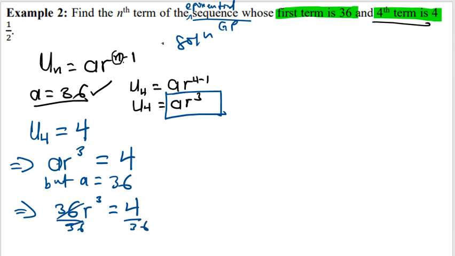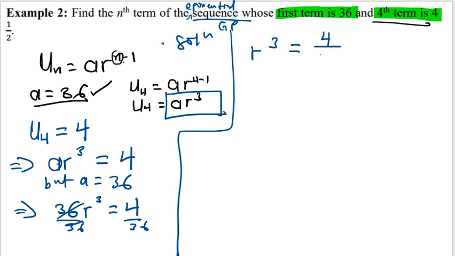So we have r^3 equal to 4/36. So we have r^3 equal to 1/9. Let me check that: 4 divided by 36 is 1/9.